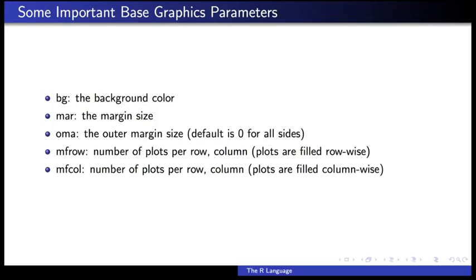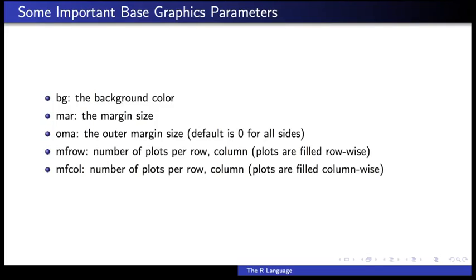So there are 4 sides of the plotting region, and you can have a different size margin for each side. oma is the outer margin size, which is kind of the outside region of the plot window. And then the 2 important options for setting the number of plots on the canvas, which are mfrow and mfcol, which can be set separately. They specify the number of plots per row and column.